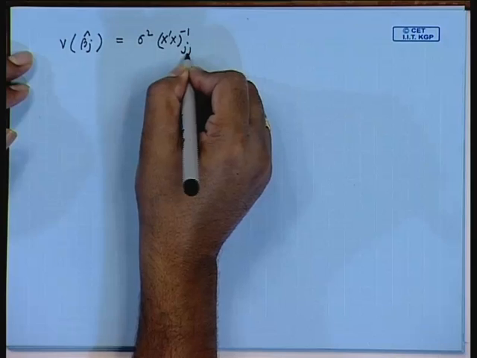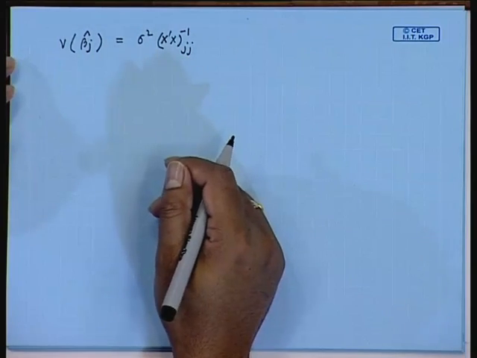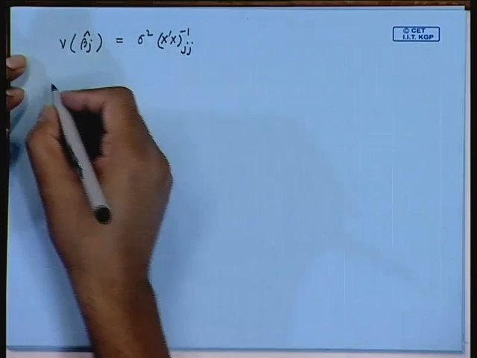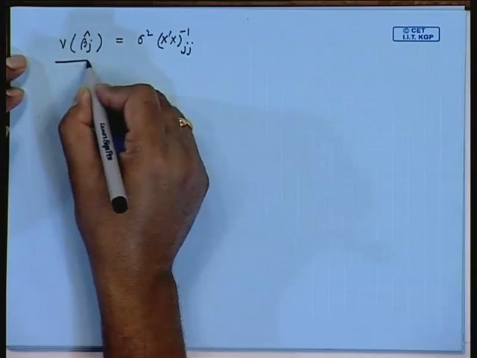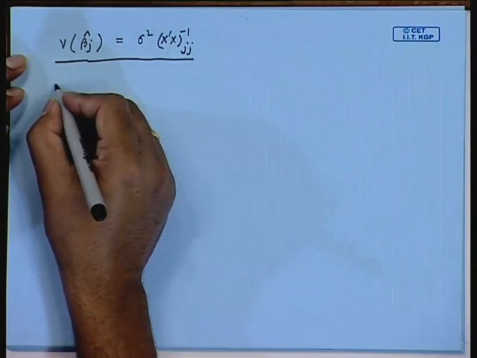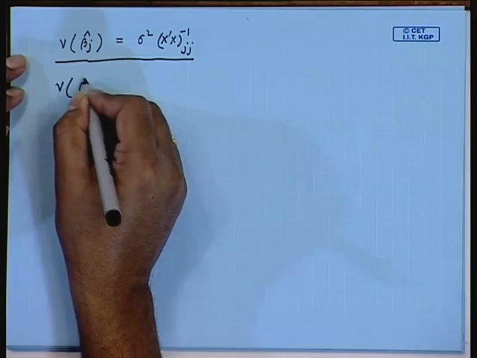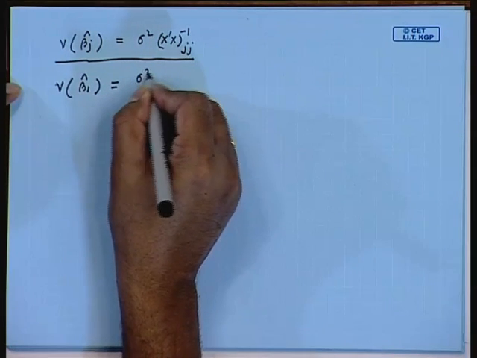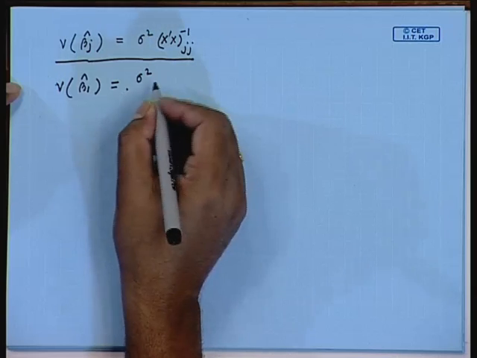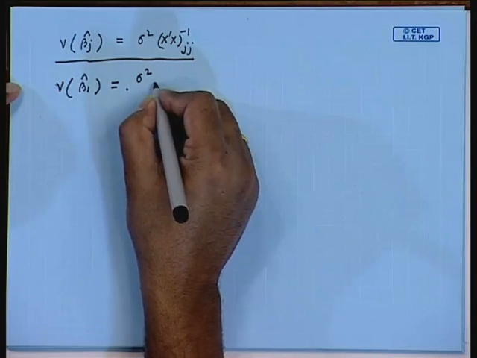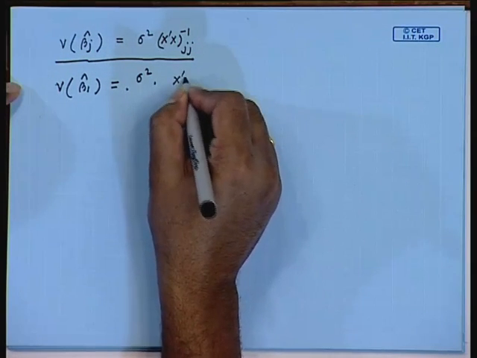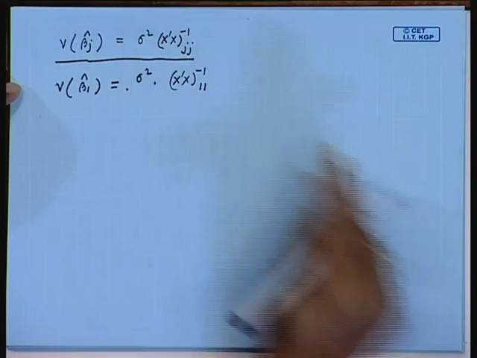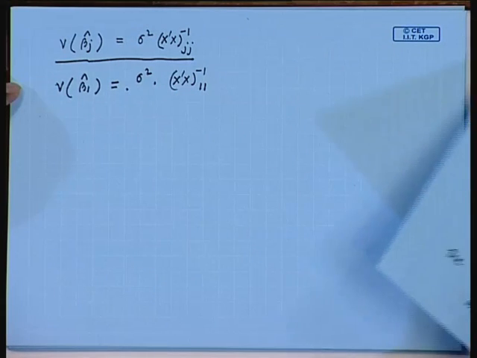So, from this formula, variance of beta 1 hat is equal to sigma square into the 1/1th element of (X prime X) inverse.